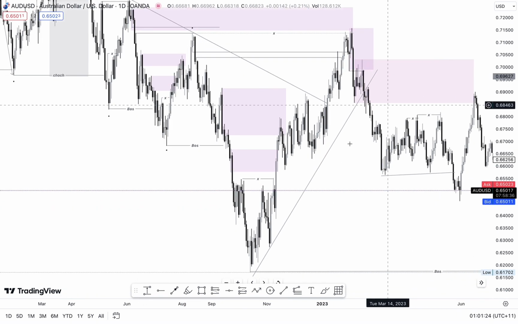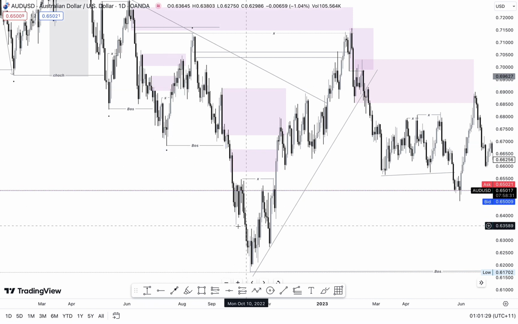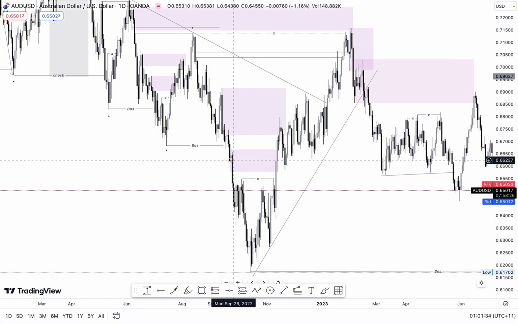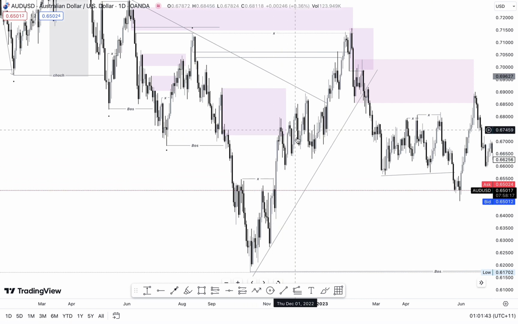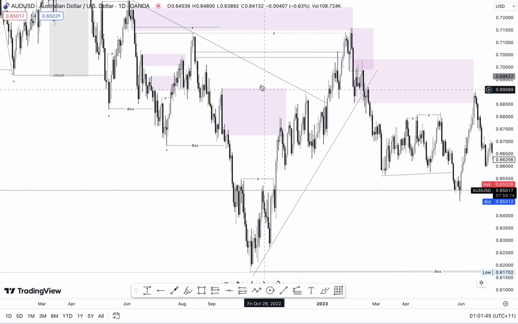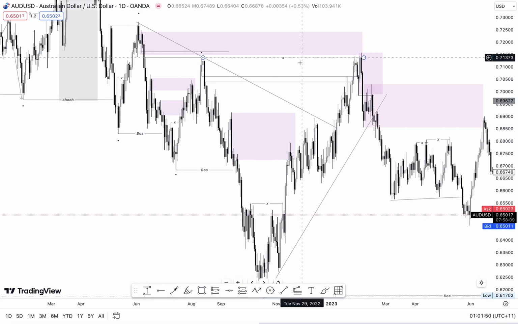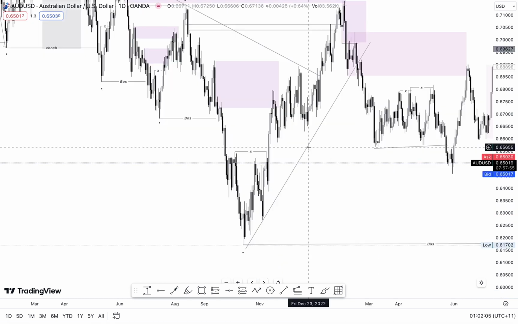By the way, let's break this down because there's a break of structure here and there's a break of structure here. And after this break of structure, where's the first pullback? Here, first pullback. This is a seasonal POI, but it's invalid because this pullback is not correct. So let's take this out. So this is the first seasonal POI. I can see that price made a reaction here, and price rather extended its way to the extreme POI, violating this trend line and finding its way to this extreme POI.